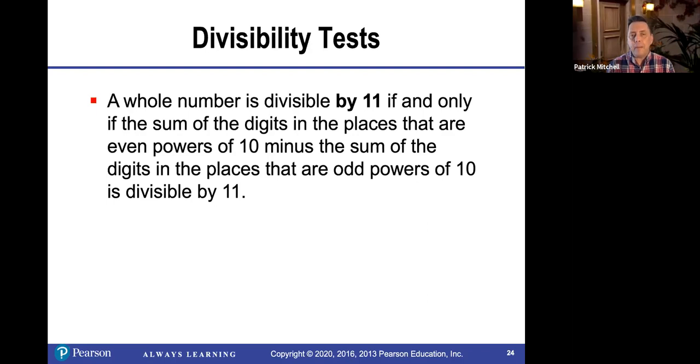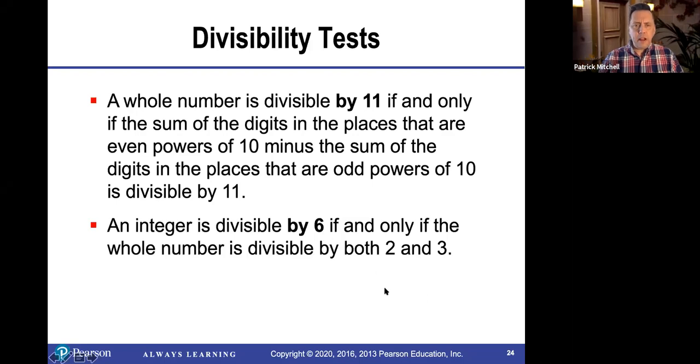If you take the number and break it up into its digits and then go plus, minus, plus, minus, plus, minus, plus, minus, plus, etc. with those digits, look at the answer to that problem, and if that number is divisible by 11, then the original number is divisible by 11.